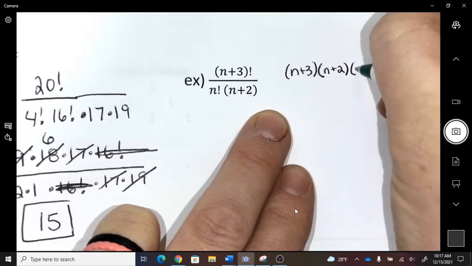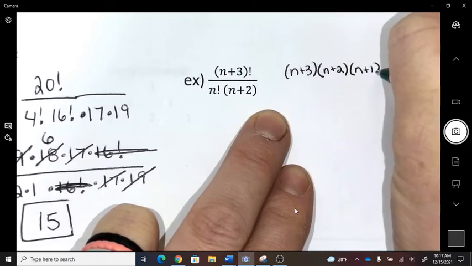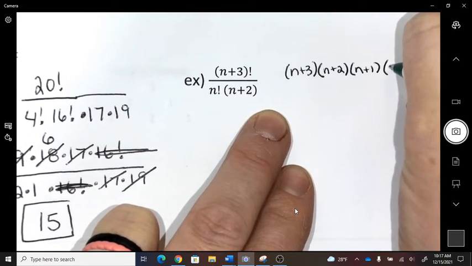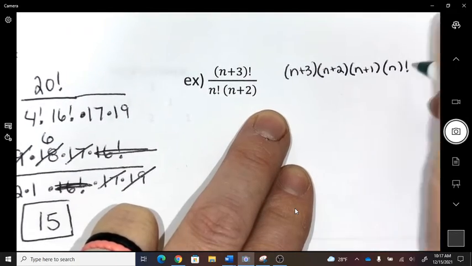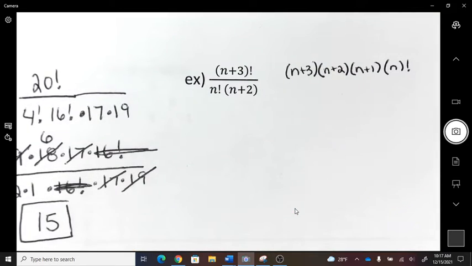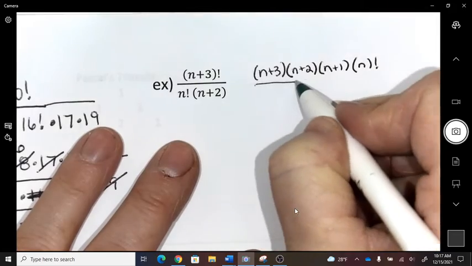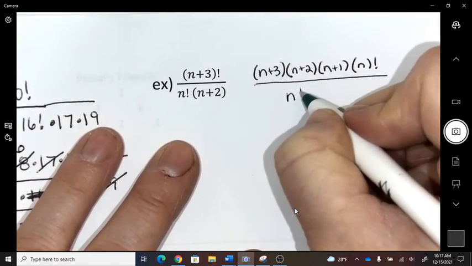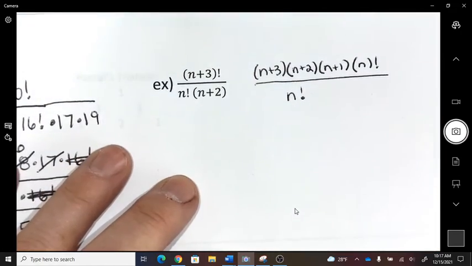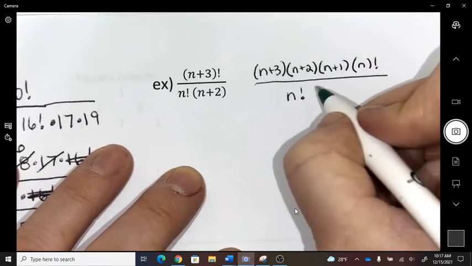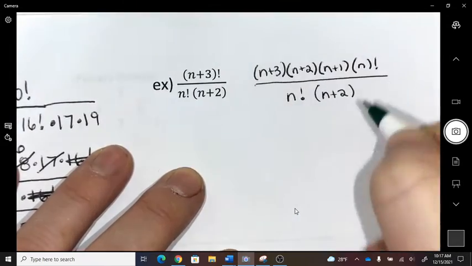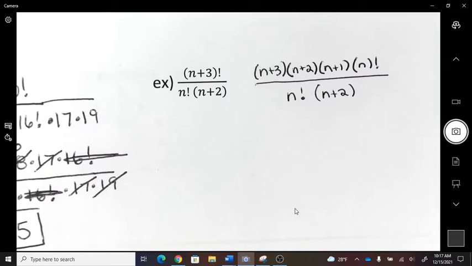Keep going down, n plus 1, n factorial. So I stopped there because I saw one of those on the bottom. And that n plus 2 doesn't have a factorial on it, right? It's just an n plus 2.